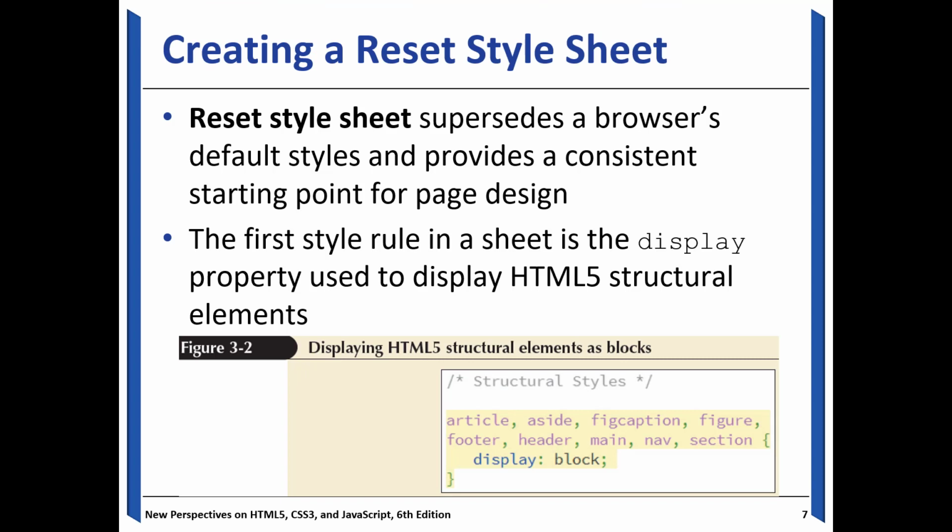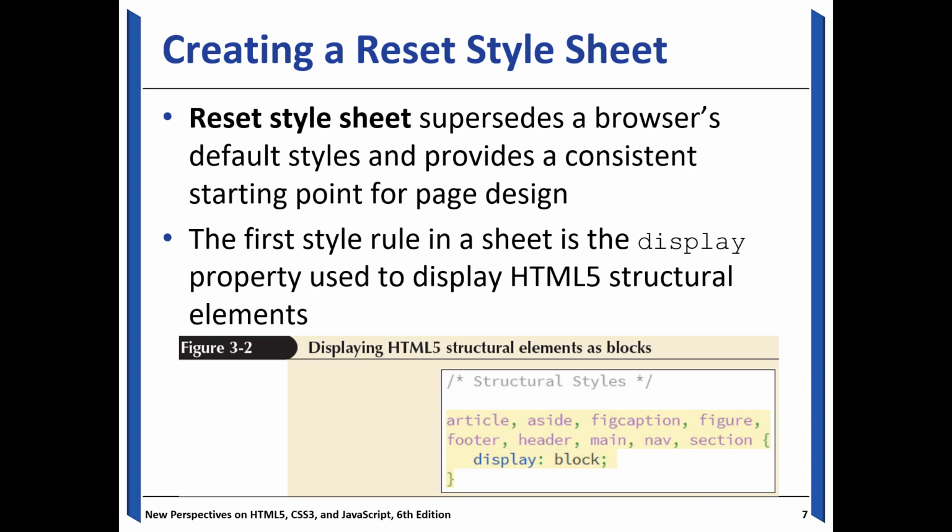Browsers apply their own styles to the web page elements unless those styles are overridden by our own style sheets. Many designers prefer to work with clean slates and not have any browser style. This can be accomplished with a reset style sheet that overrides the browser's default style.